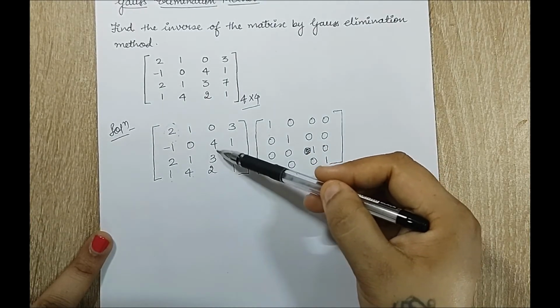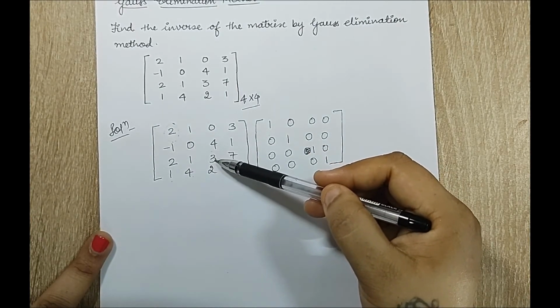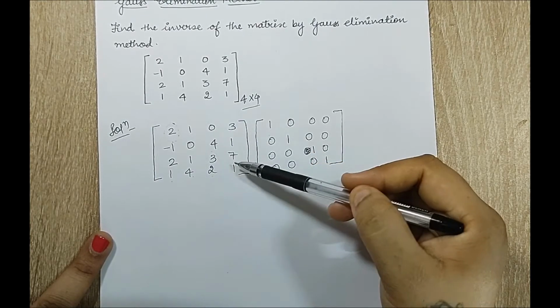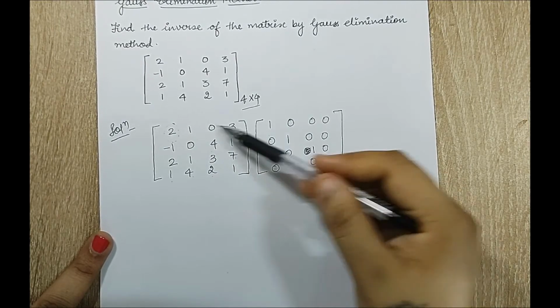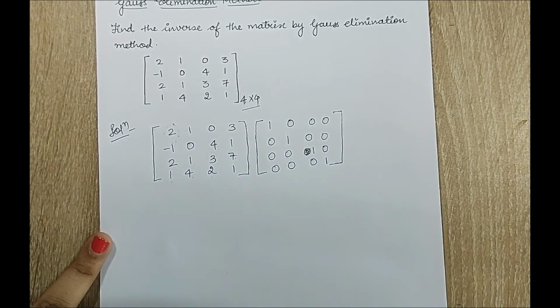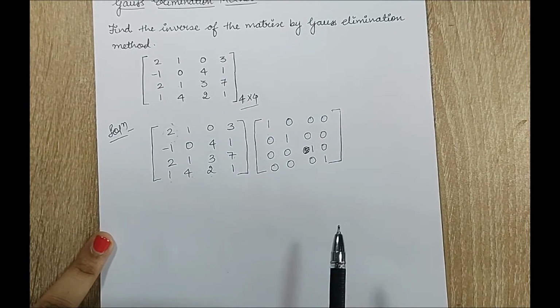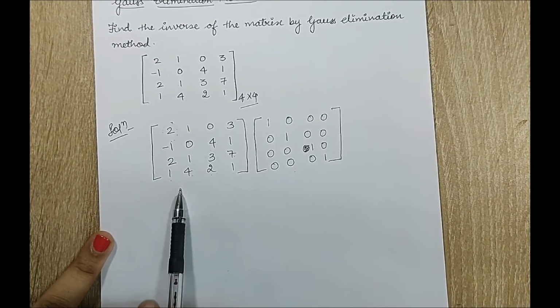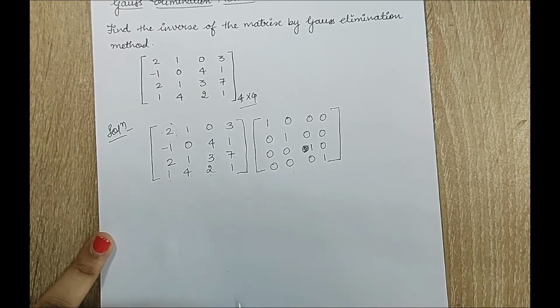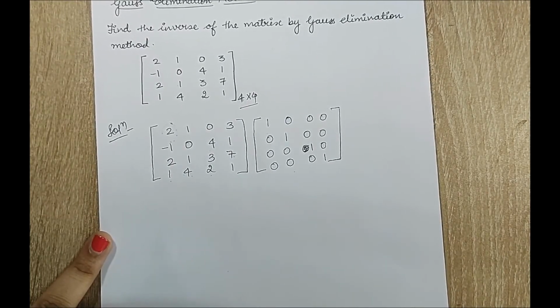Then make the position of this 3 as 1, these elements 0, and finally this element should be made 1 and these elements as 0. So this is how I should be converting the given matrix into a unit matrix, and the unit matrix will ultimately undergo the same operations which this matrix is undergoing, and it will form a different matrix altogether.